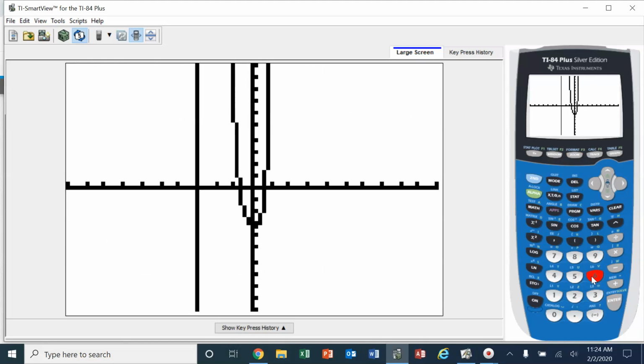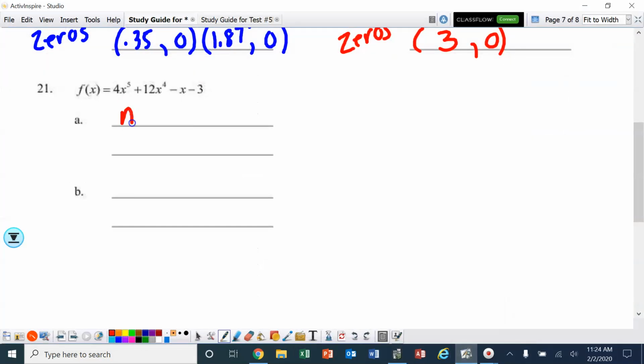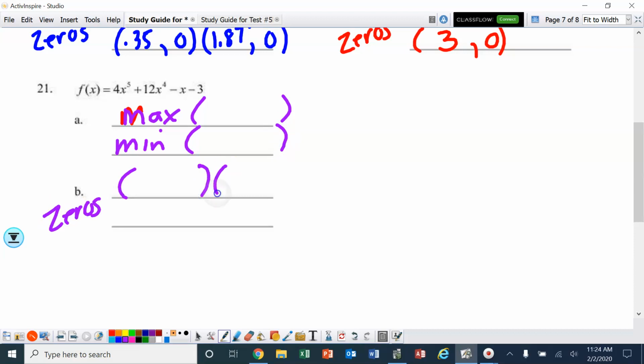All right, so it looks like again I have 1, 2, 3 zeros, and I have one maximum and one minimum. Let's switch to purple. We have one maximum, one minimum, and 3 zeros.